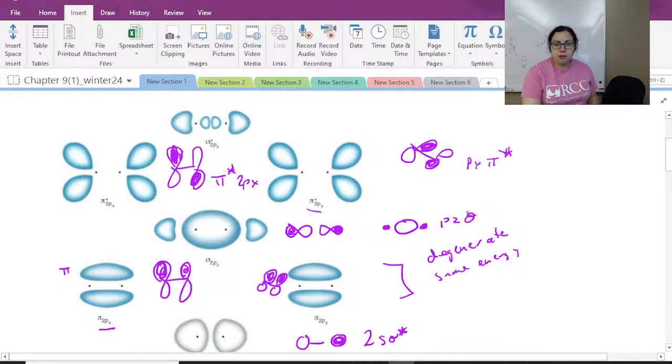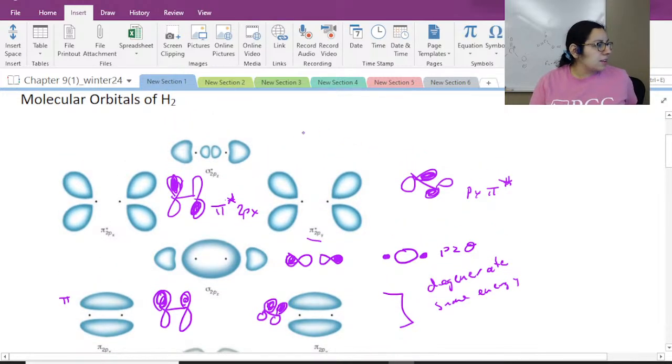Same thing for our pz. We put together the in-phase combination, so we need the out-of-phase combination as well, and that is up here. Again, you can see it drawn a few different ways. You could draw it where the shading is opposite, or the signs are opposite.